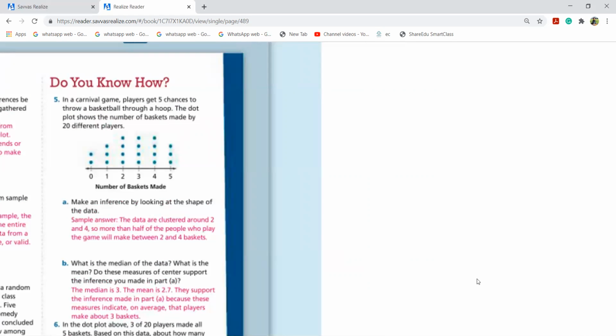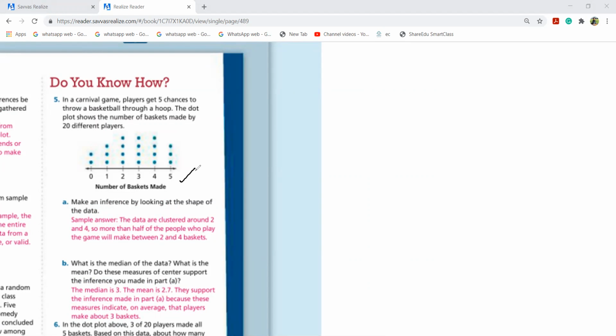323, question number 5. In a carnival game, players get 5 chances to throw a basketball. How many chances? 5 chances. That's 0, 1, 2, 3, 4, 5. Let me know if this is drawn in your book. Is this drawn in your book?